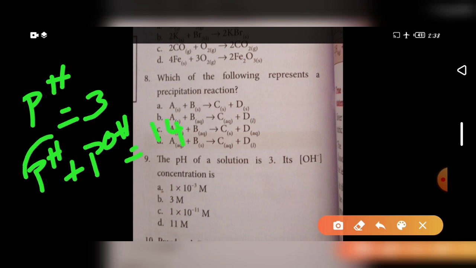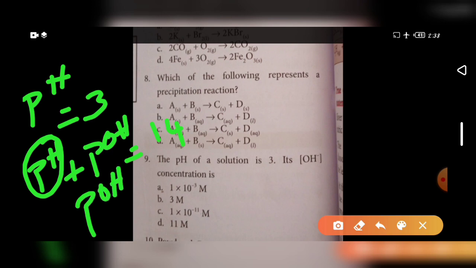They have given the value of pH, so for the pOH value, it is 14 minus pH. 14 minus 3 equals 11. But they are asking for the concentration, not pOH. The OH minus ion concentration. So OH minus ion, you know very well.